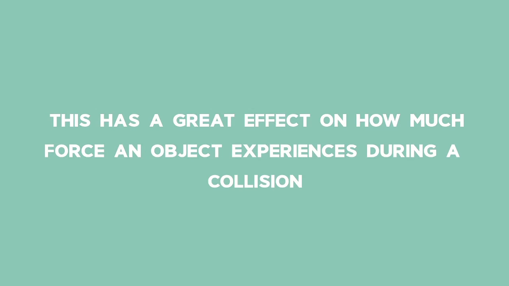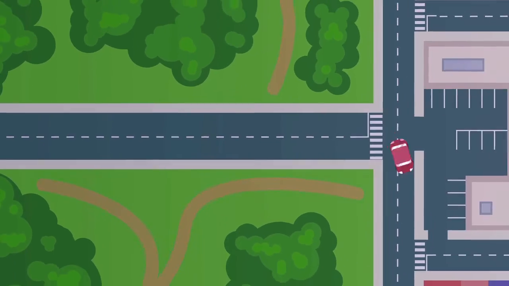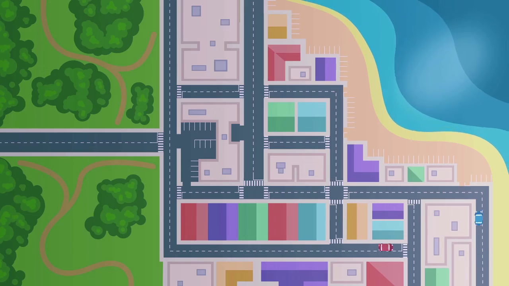This has a great effect on how much force an object experiences during a collision. When an object changes direction in a short amount of time, it has the effect of increasing the force applied to the object.